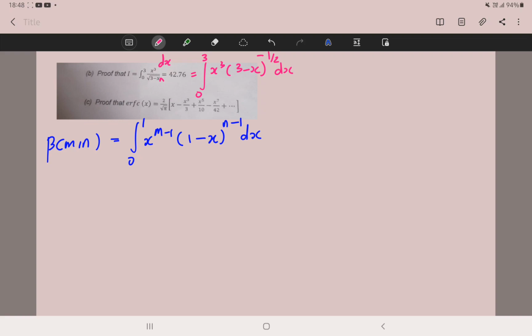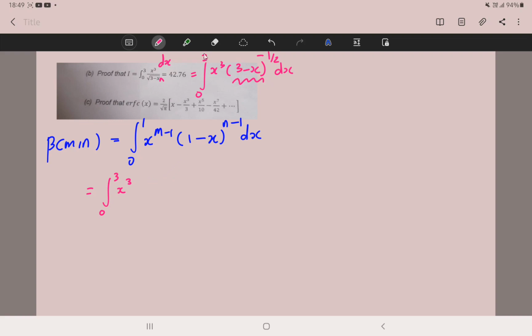The general formula of the beta function and the question are quite similar. This is x and that is x. The only difference is the second term, which is 3 minus x, so we need to manipulate this first.